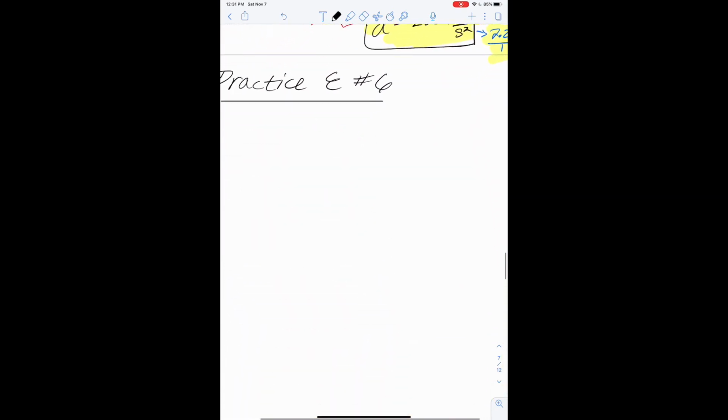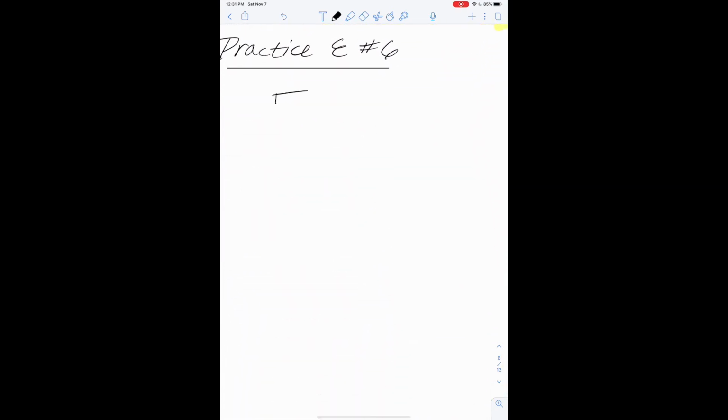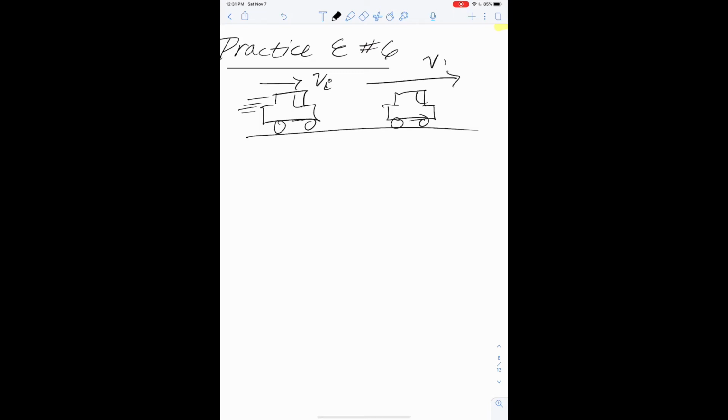Okay, so I think what we have for this drawing then is a car that's traveling, not to the left, keep it to the right here, at some initial velocity, and then speeds up. And has some acceleration, which is also directed to the right.